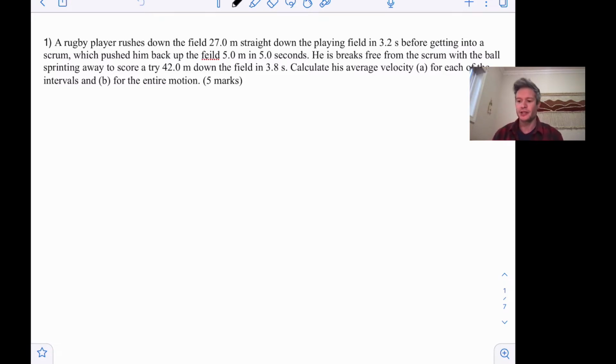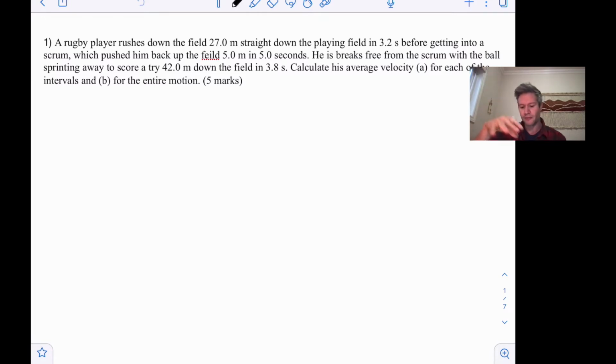So the first question that we have here is a rugby player rushes down the field 27 meters straight down the playing field in 3.2 seconds before getting into a scrum. Scrum is just when all the players get into that little bit of a circle and are around the ball, fighting for the ball.